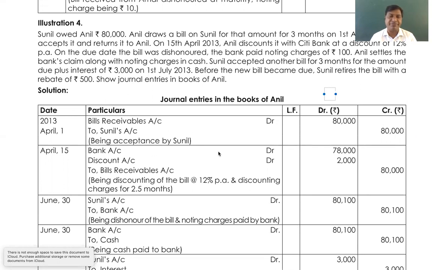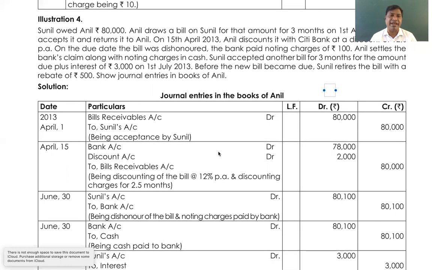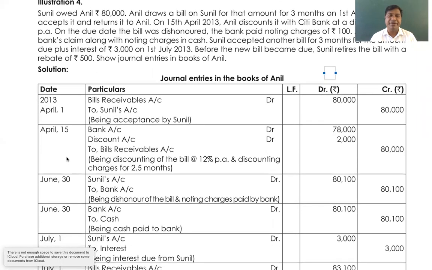That's it. Underline this. Okay, come to the next day. On April 15, what happened? Anil took this bill drawn on Sunil and went to Citibank, and he wanted to discount it. The bank discounted the bill.